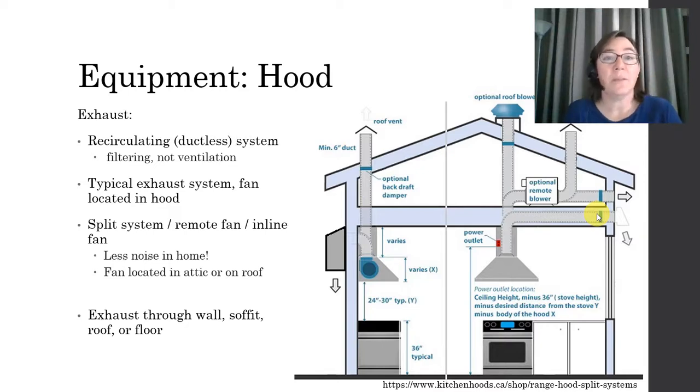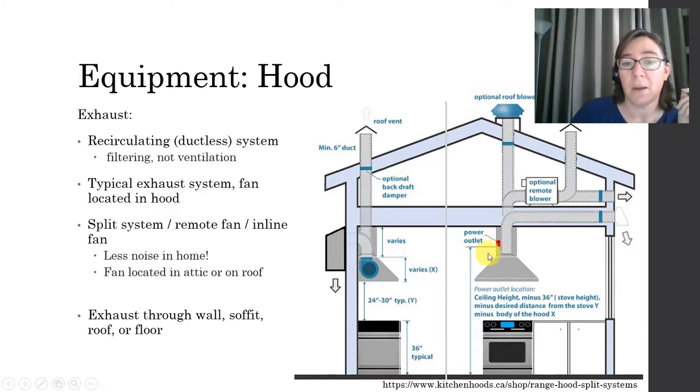A more typical exhaust system will send your exhaust outside. You do want to send it all the way to the outside air and not exhaust into an attic, because that will cause some grease and particles to build up in your attic, which is a fire hazard.